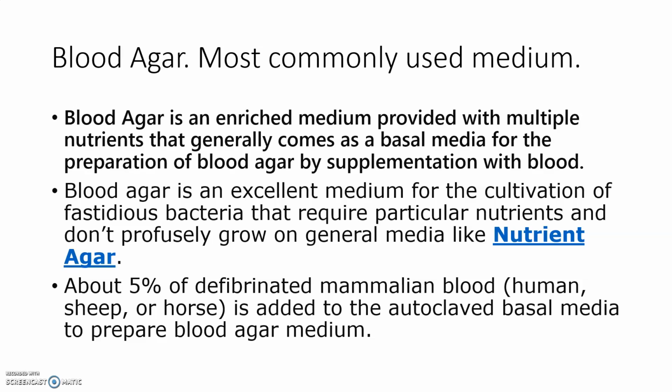Most commonly in the laboratory human blood is preferred, as it is quite difficult to get sheep blood or horse blood. This blood is added to the autoclaved basal medium to prepare the blood agar medium.